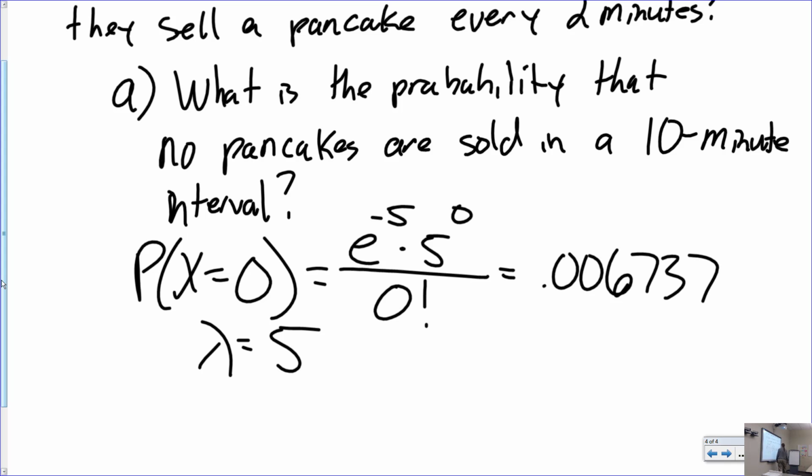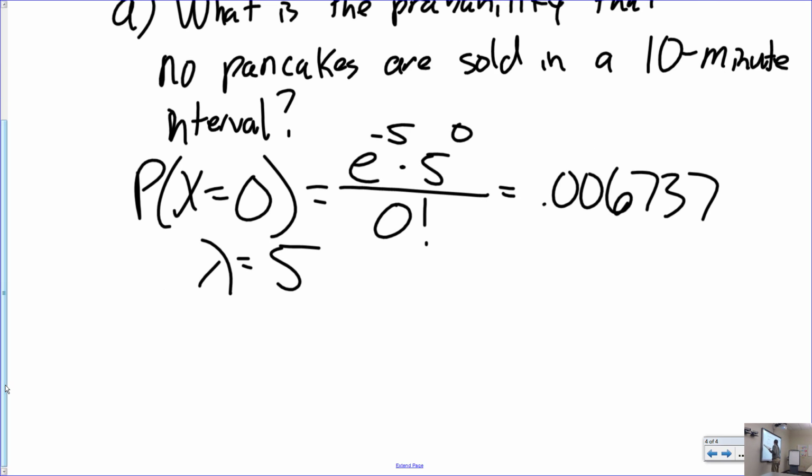0.006737 or whatever. So percentage-wise, not even 1% chance that this will happen. Now let's do the twist on it.